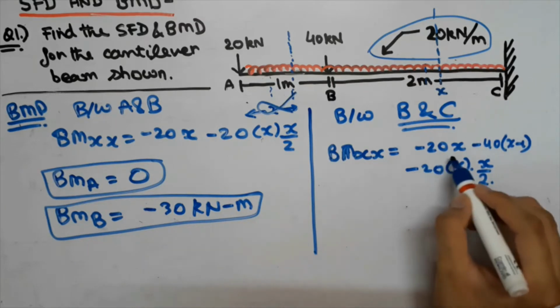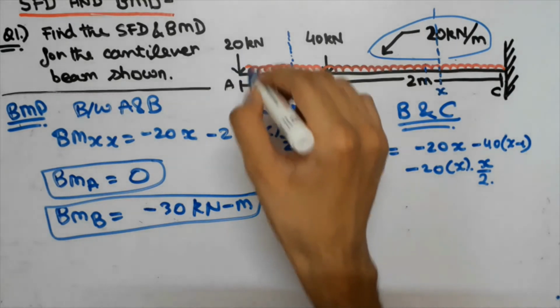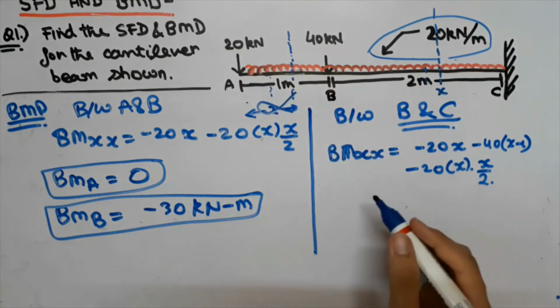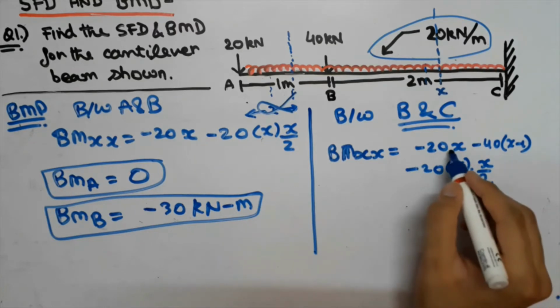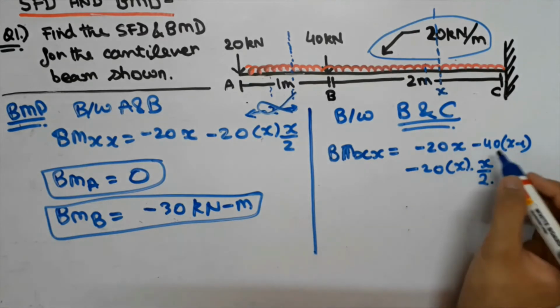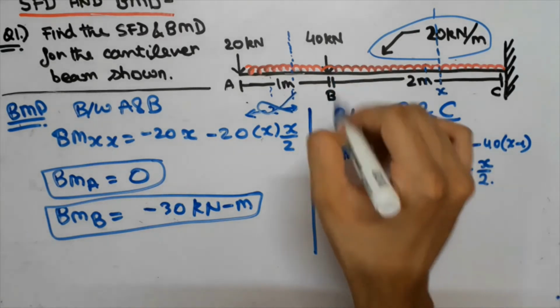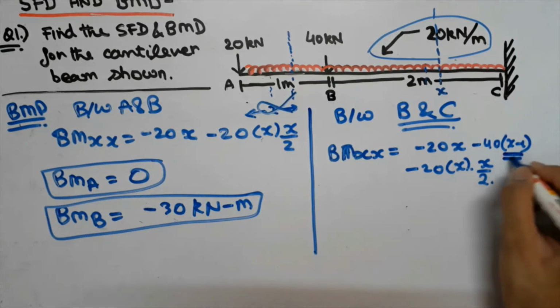So now first of all we have written minus 20 into x as we wrote earlier, because we are considering the downward force and the sign convention for that is negative. And as it is a BMD, we have multiplied the length x that we have considered now. And similarly for 40 we have taken the negative sign as it is also a downward force. And now we have multiplied it by x minus 1.